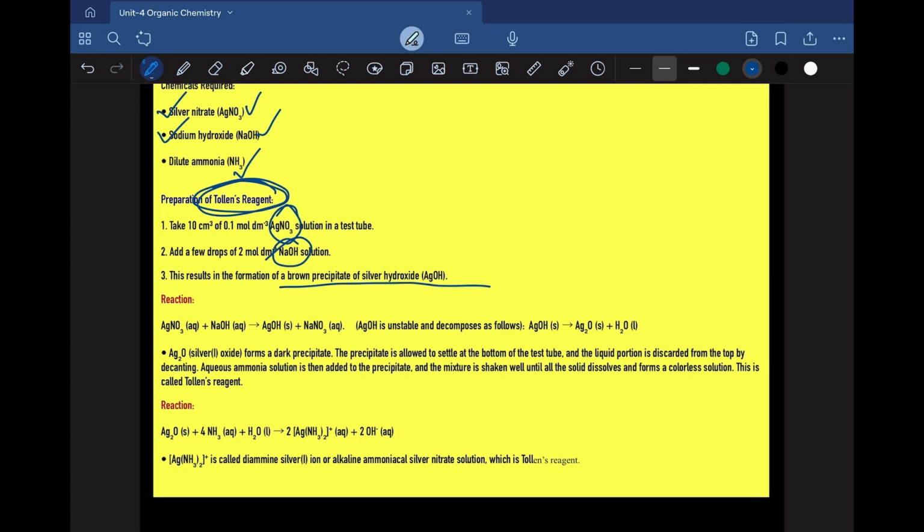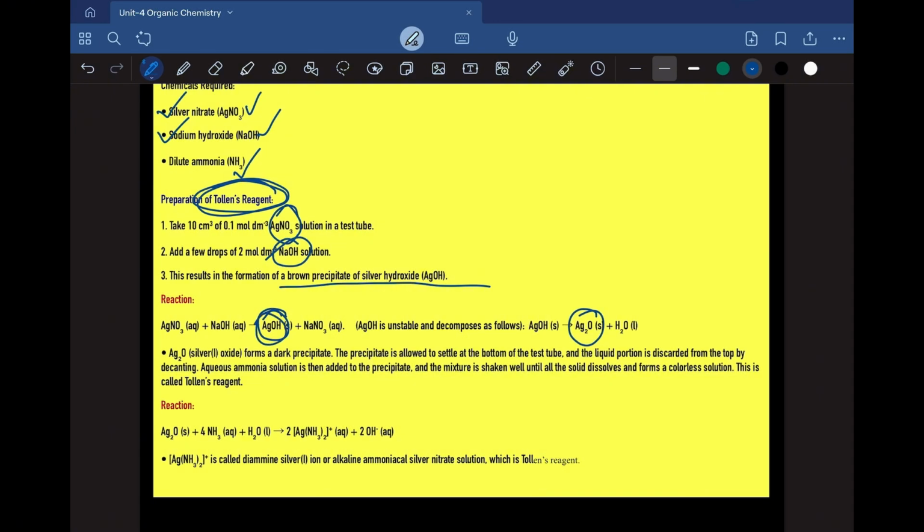Now, this silver hydroxide is unstable. As it is unstable, it will decompose into Ag2O, which is silver(I) oxide, a dark precipitate.